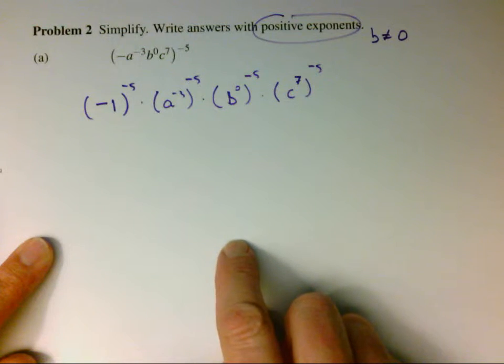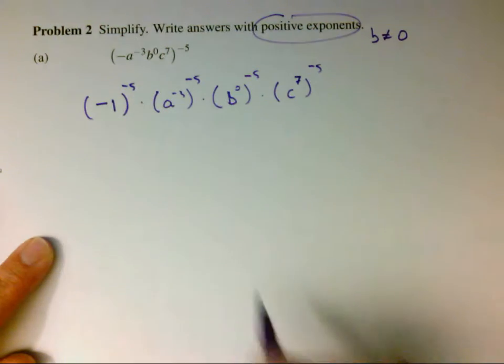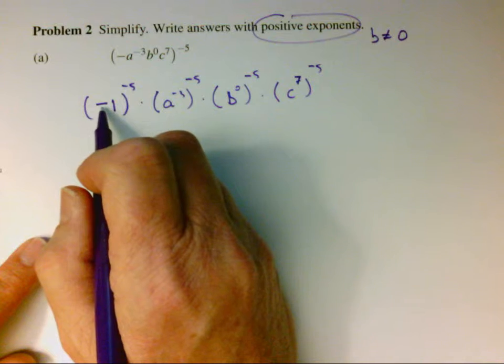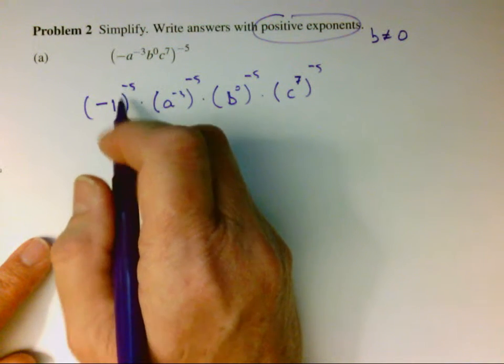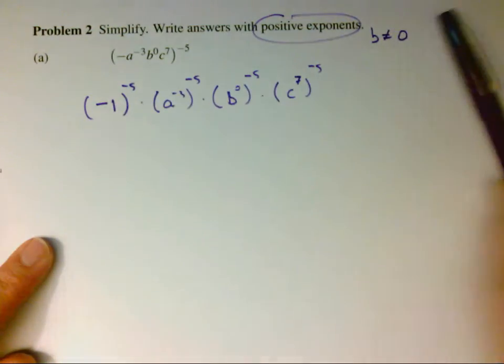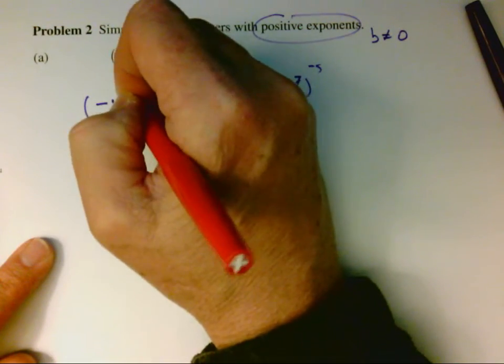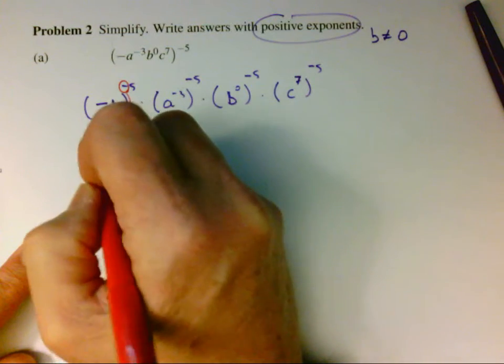And if you were paying attention and you're quick, you could save yourself some trouble calculating. Well, negative 1 to the negative 5. Well, the negative exponent means make a reciprocal.